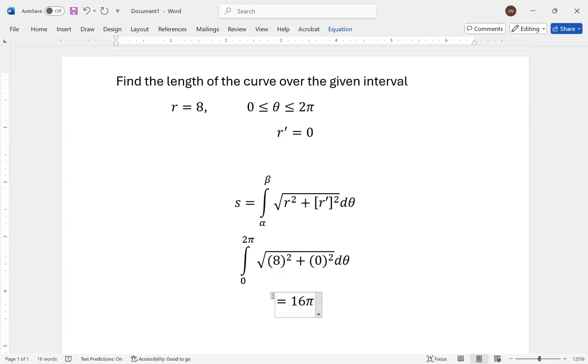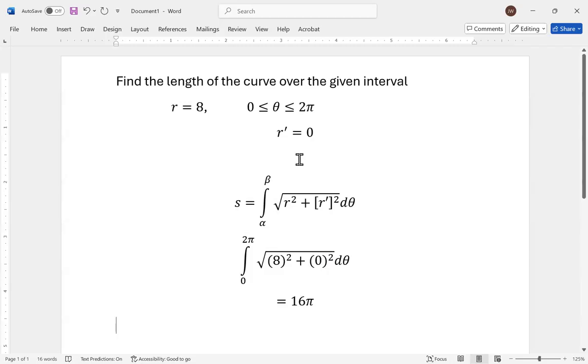By the way, we actually should have known that when I initially started. The reason I should have known that is that this is just a circle of radius 8. What is the arc length of a circle of radius 8? Well, it is the circumference of the circle of radius 8.